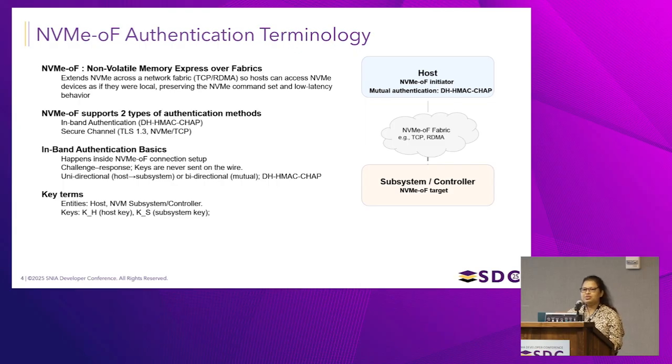I'll be using terms like KH and KS. KH is the host key, and KS is the subsystem key. Each entity stores only its own key, and it uses the key to prove its identity. Again, the keys themselves are never transmitted over the wire.